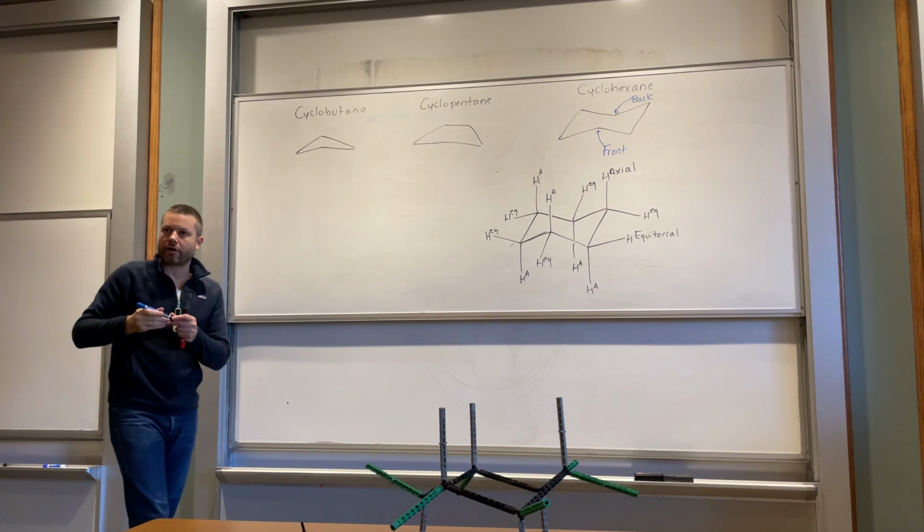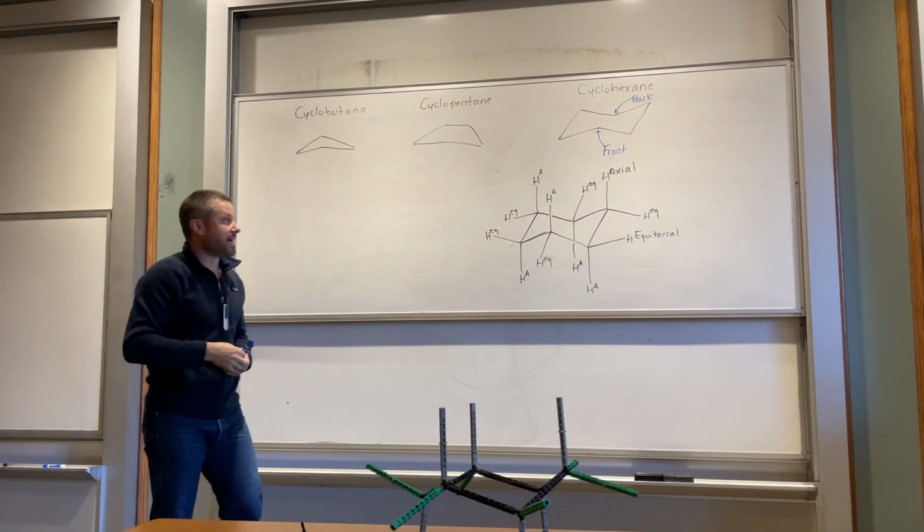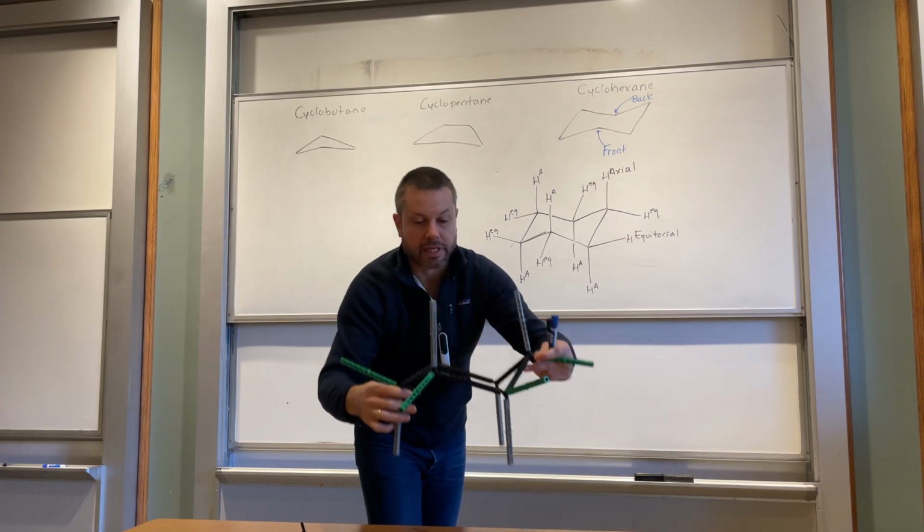So you can see that in one conformation, there are going to be 6 axial hydrogens and 6 equatorial hydrogens.